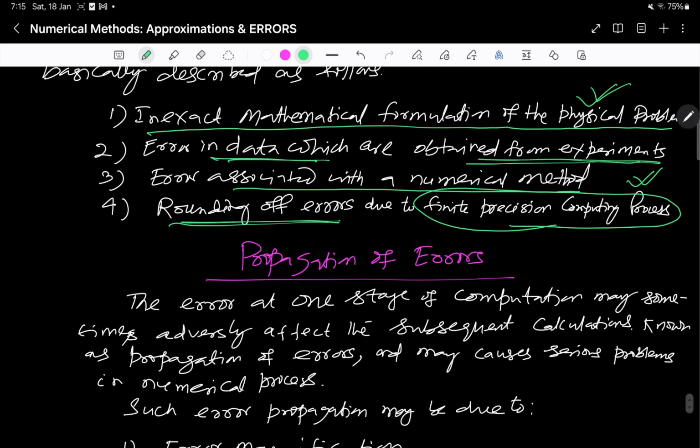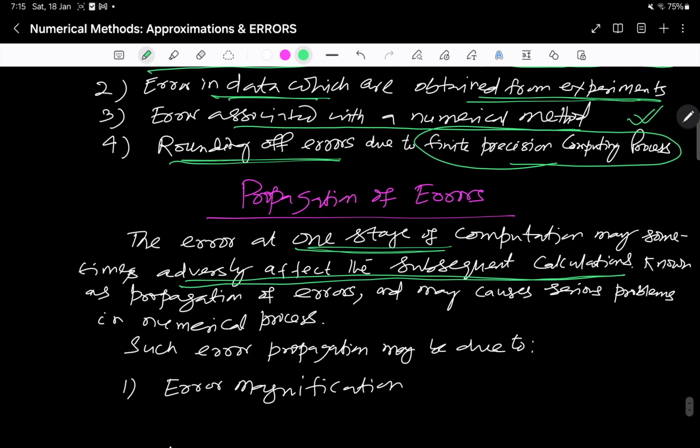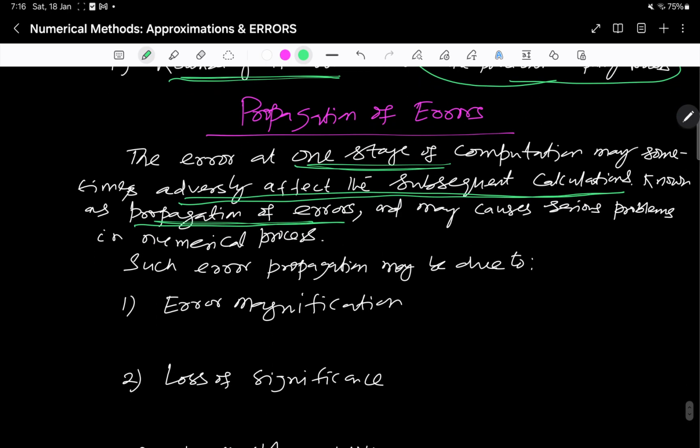Now the propagation of errors. The error at one stage of computation may adversely affect the subsequent calculation. If we get an error in one step, in the subsequent stage it may have serious complications, known as the propagation of error, and may cause serious problems in the numerical process. Such propagation may be due to error magnification.